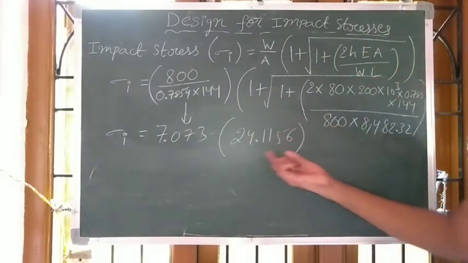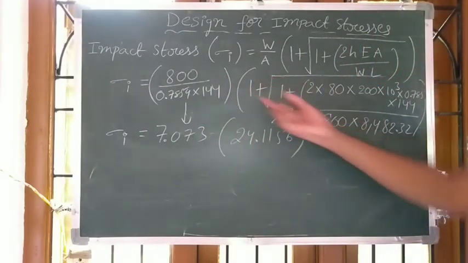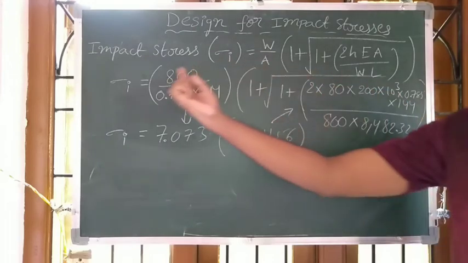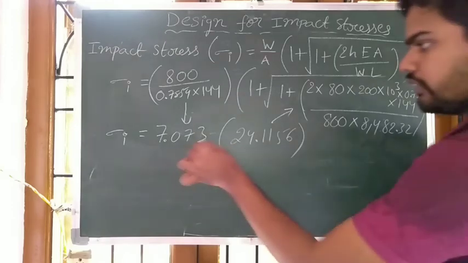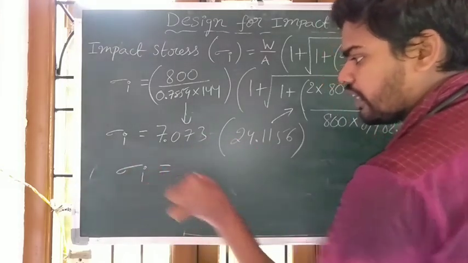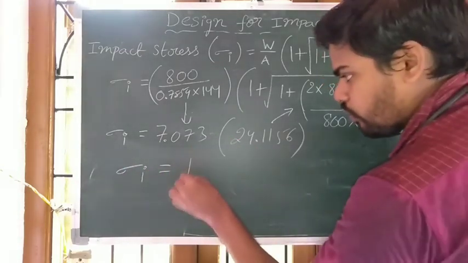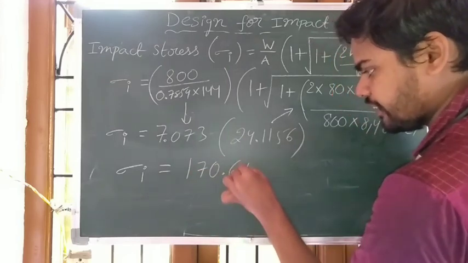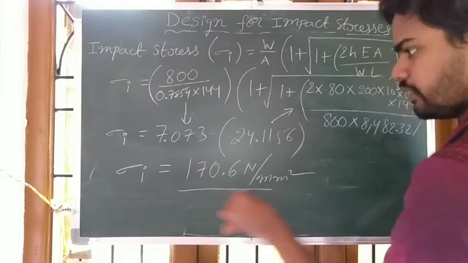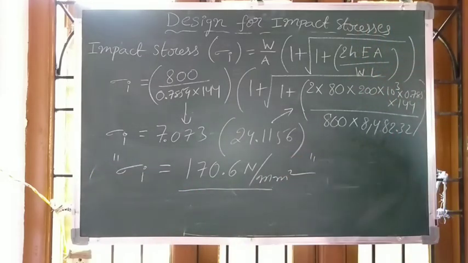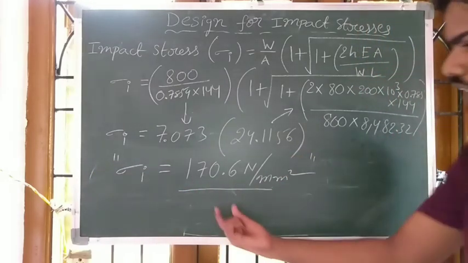Just multiply these two terms and you will get the final impact stress, 170.6 Newton per mm square. This is the exact answer as per our textbook.